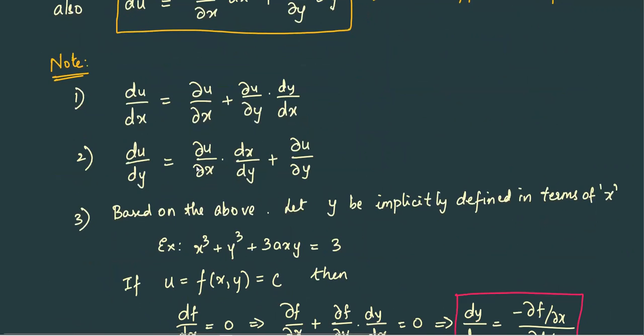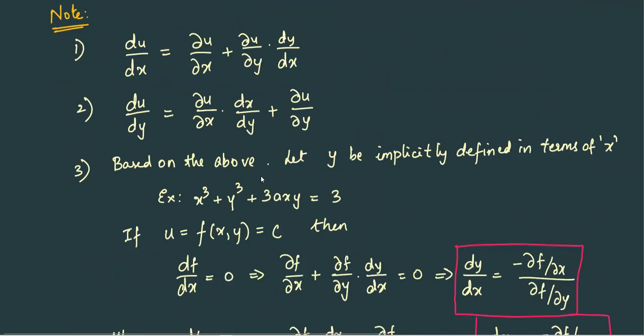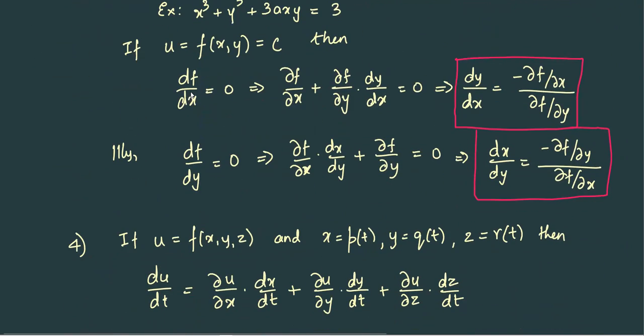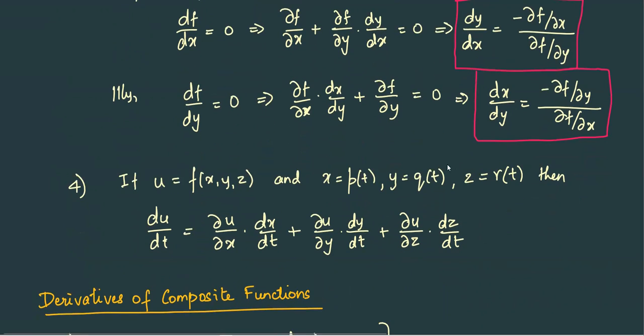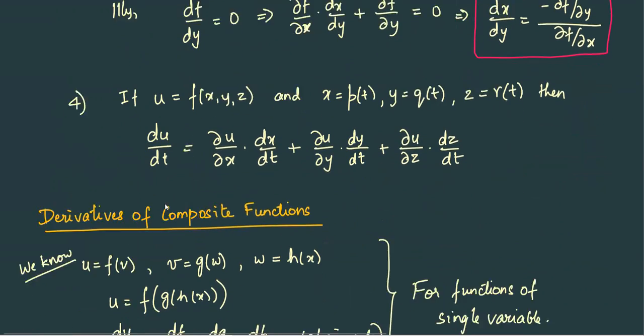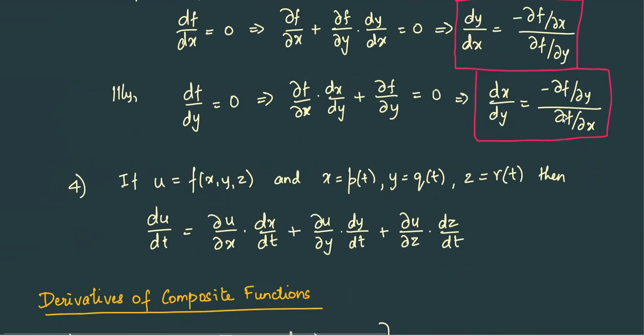And from this, we can find du by dx, du by dy. If you have an implicit function, then we can always find dy by dx in terms of the partial derivatives and dx by dy in terms of partial derivatives. So total derivatives is useful in this particular manner for implicit functions.